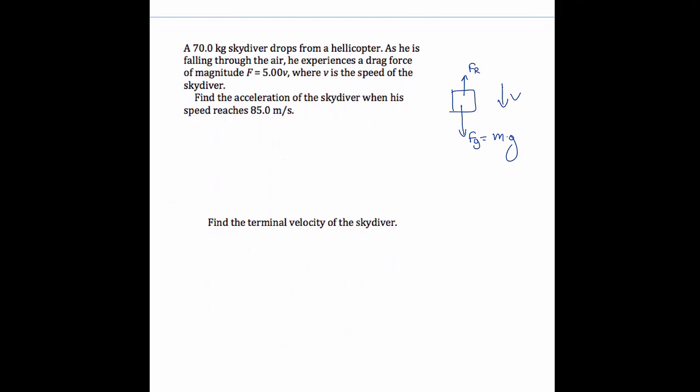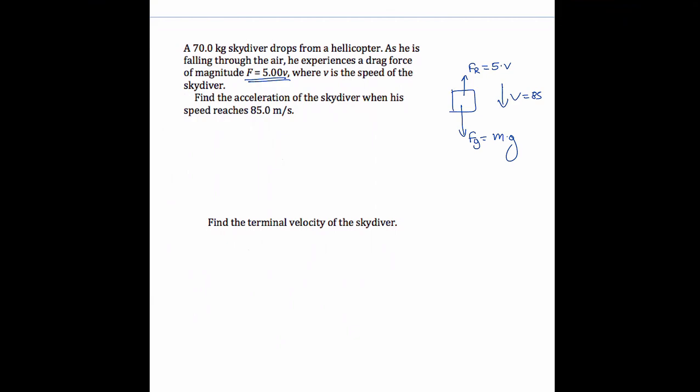Now the air resistance has a value that is proportional to the velocity. In this case, the force of air resistance is given as 5 times v. We need to find the acceleration when the velocity is 85 meters per second, and later we need to find what is the terminal velocity.